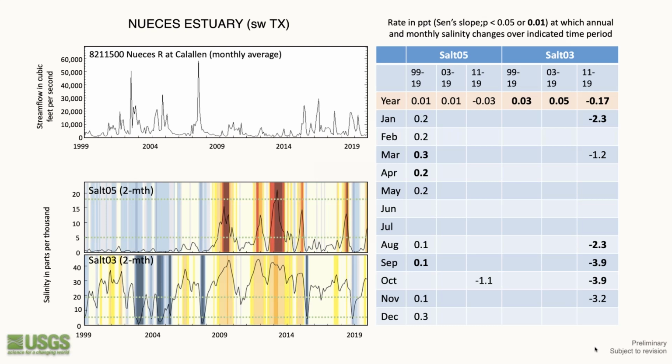And you can see that the estuaries don't respond. They kind of respond, but the higher flows in the early part of 1999 to 2008 affected the lower part of the estuary more. And the lack of freshwater inflow affected the upper estuary significantly in 2009 and 2014.